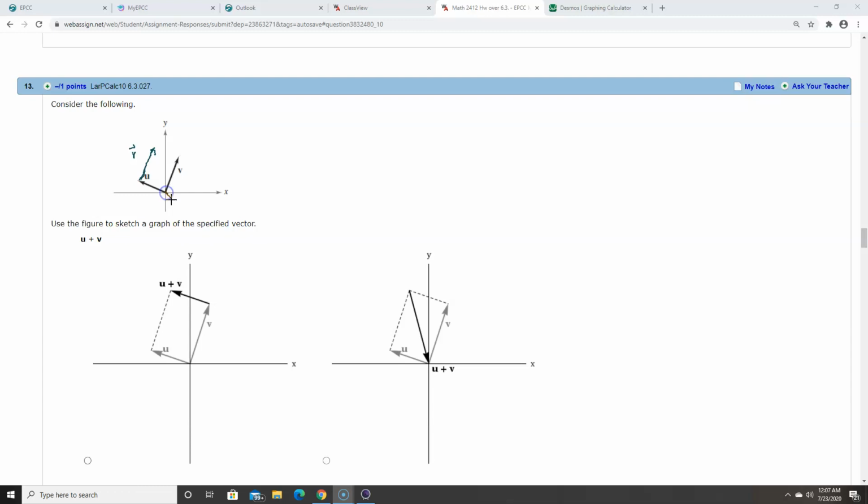Oops. And now you draw a vector that ends at the terminal point of the second vector that you just moved over and attached. And I'm really struggling here. That's really sad.